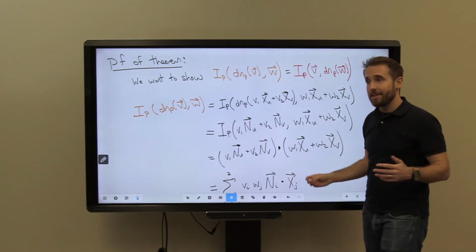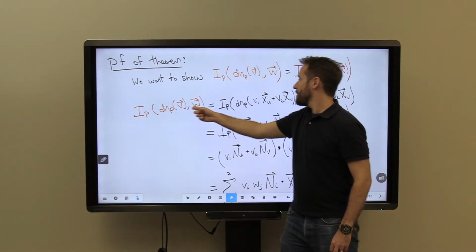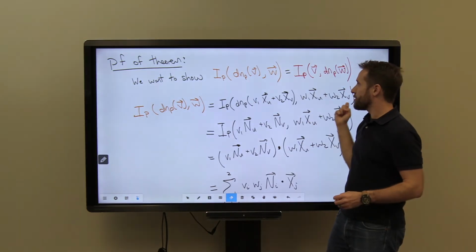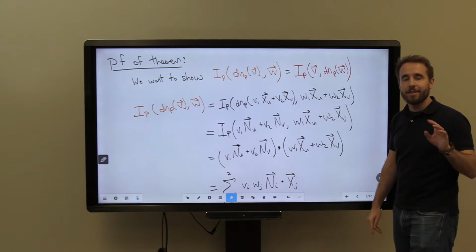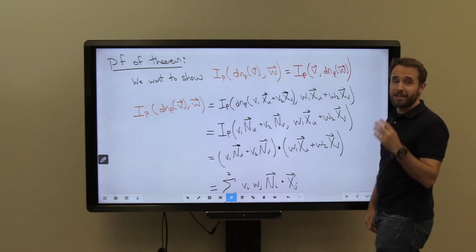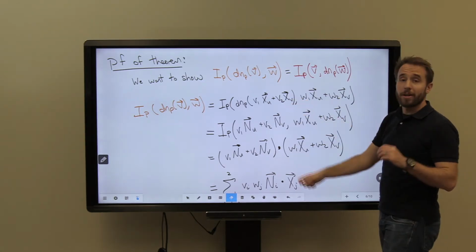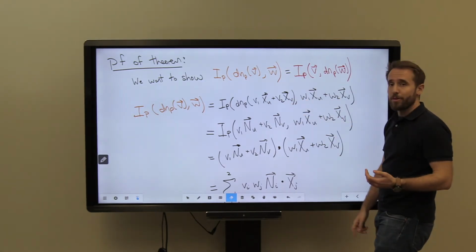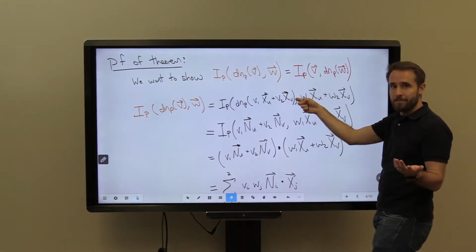But if we unpack this, we have the differential of our vector v, and we have our vector w. I can rewrite each of these vectors as a linear combination of x sub u and x sub v. So my vector v could just be thought of as v1 x sub u plus v2 x sub v.